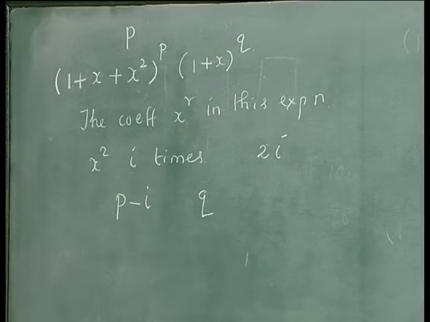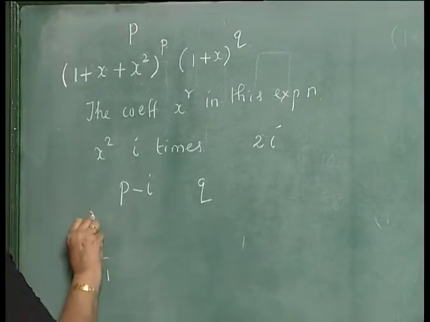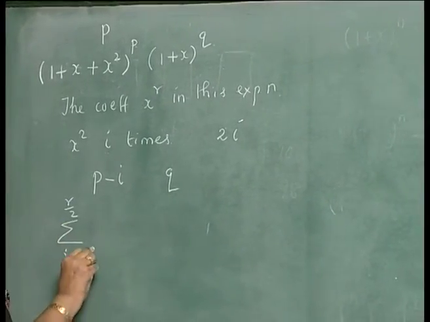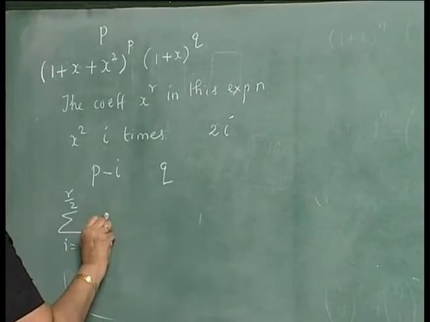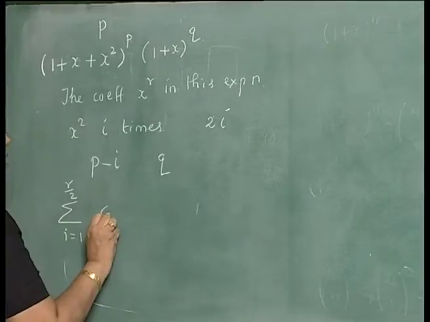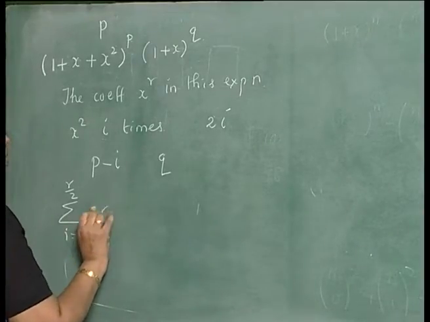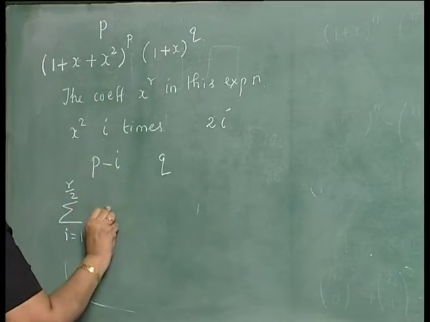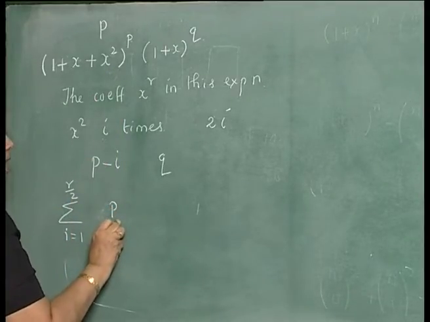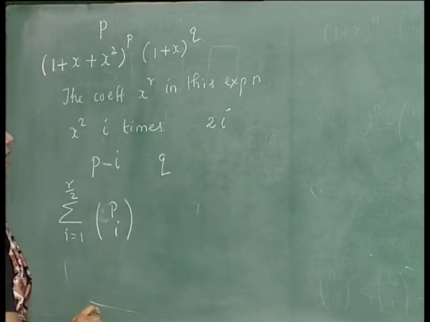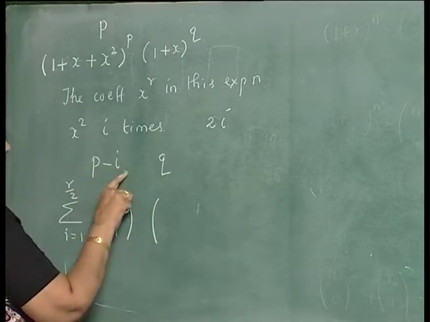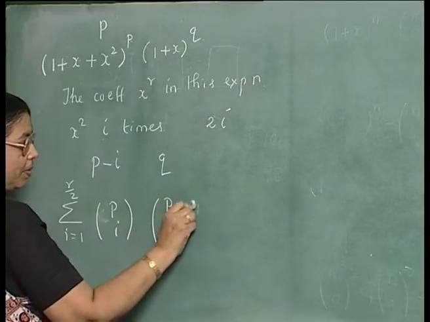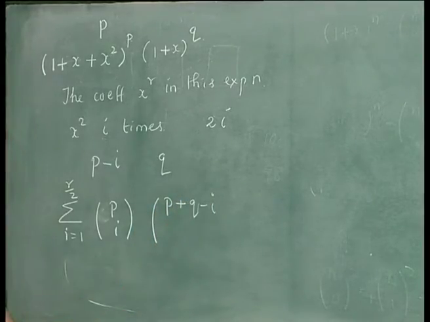So, the idea is, if you say it is sigma i is equal to 1 to r by 2, from these p factors you have to select i, so C(p, i), and from the remaining p minus i plus q factors, that is p plus q minus i factors, you have to select the remainder.